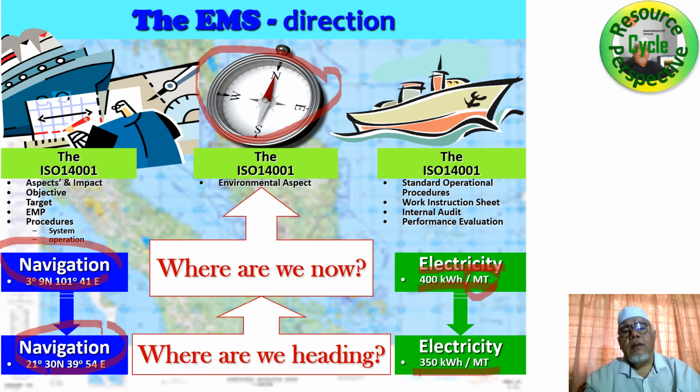Can we achieve it? In this particular case, to be honest with you, we ran a questionnaire before we came up with that target, before we said, let us reduce electrical energy to 350 kilowatt hours per metric ton.